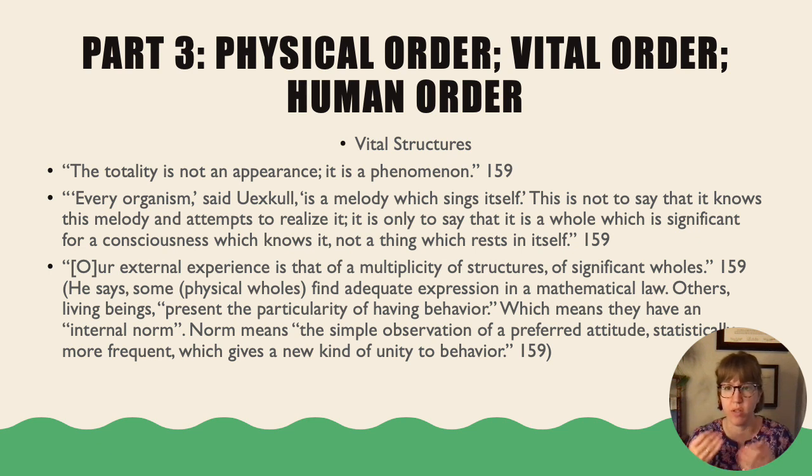We seem to observe preferences, either an individual's preference or the preference that is consistent across a species. And it gives us a way of conceptualizing its behavior, seeing a unity in that behavior that's not simply imposed by my perception, but it's there. It's immanently part of the meaning of the living being.